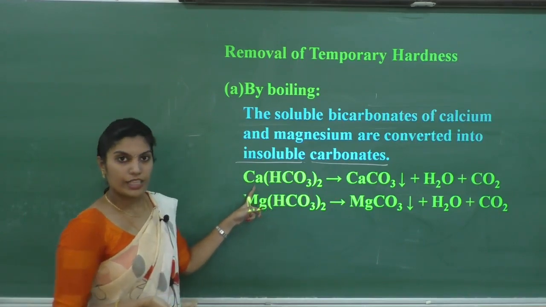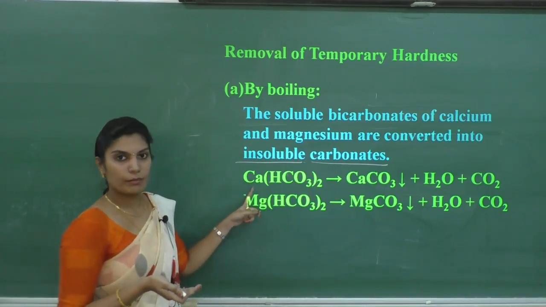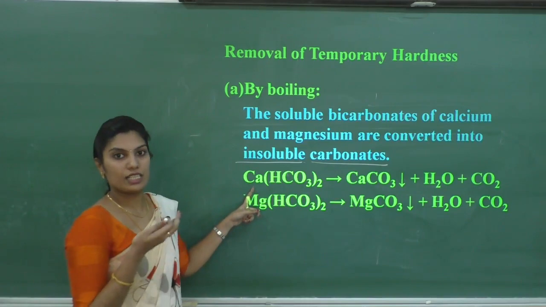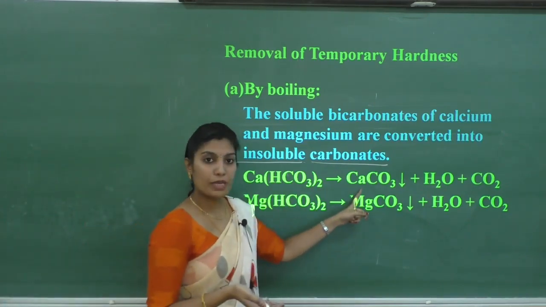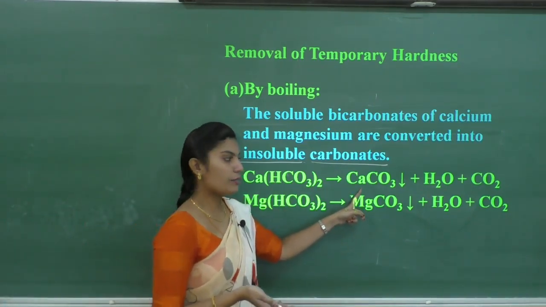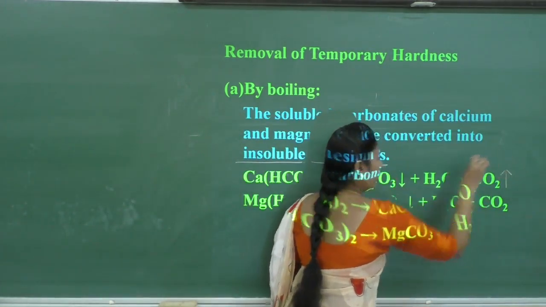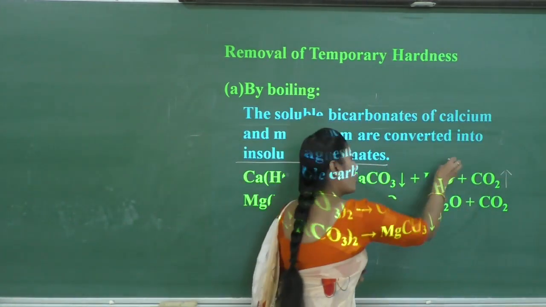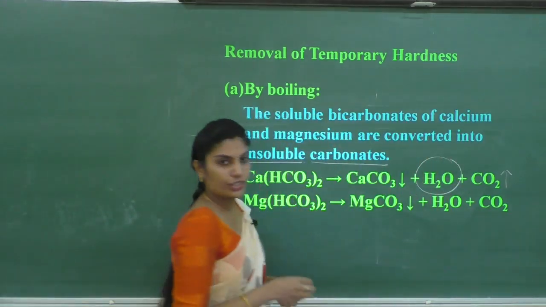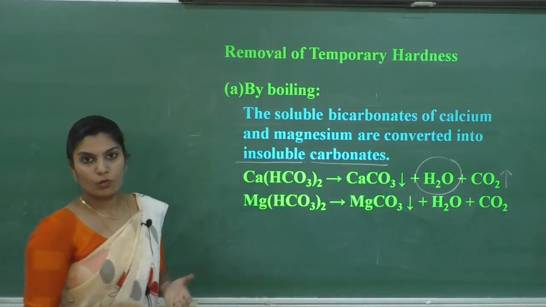Here, if the water is containing calcium bicarbonate, when it is heated, it is going to form a precipitate of calcium carbonate, and carbon dioxide gas will be evolved. Then we are going to get soft water.